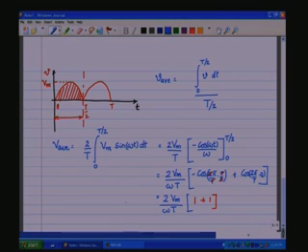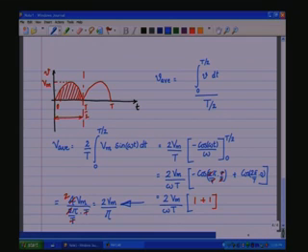So, this is equal to 4 Vm by 2 pi by T, that is omega, into T. So, we have a cancellation of T, this becomes 2 and therefore, this becomes 2 Vm by pi.